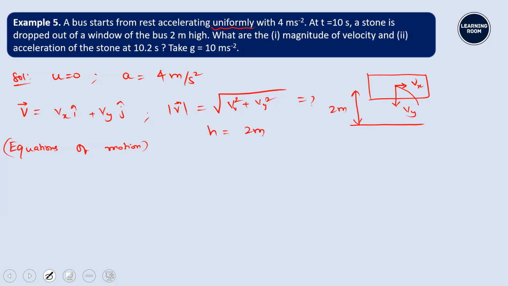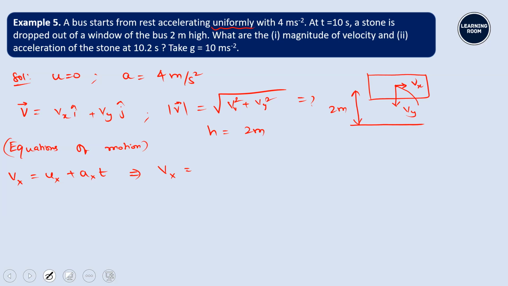When I apply the equations of motion, we usually go along the x direction and the y direction. See what is going to happen. If I take Vx is equal to ux plus ax into t, what is the initial velocity of the object along the x direction?